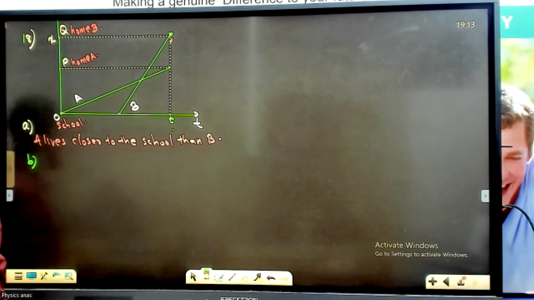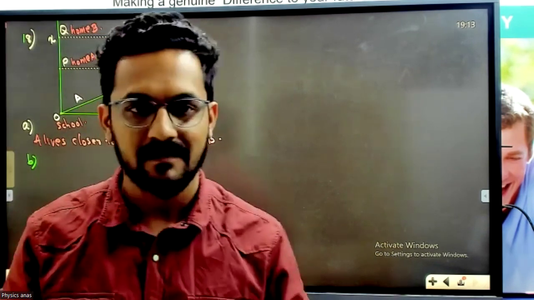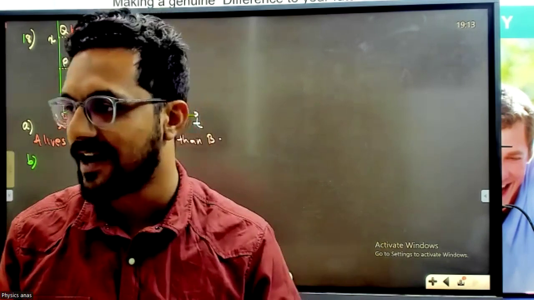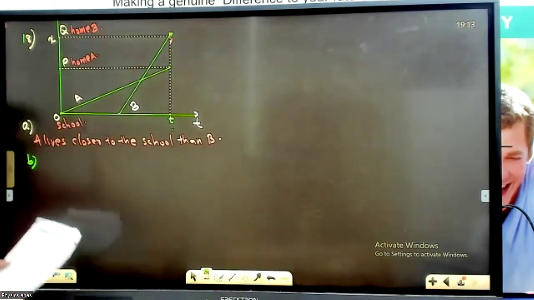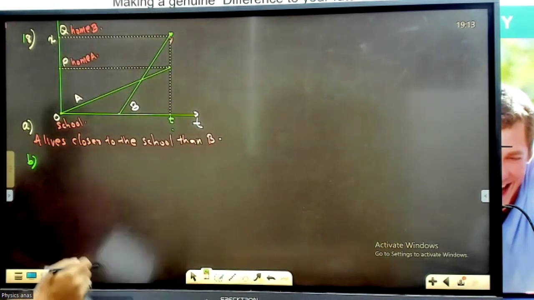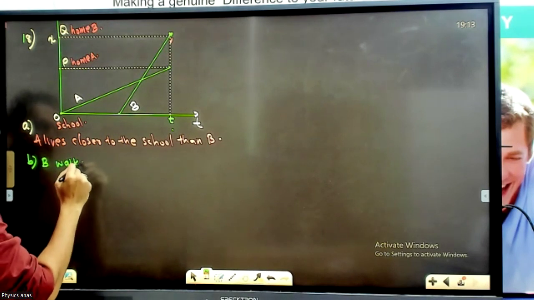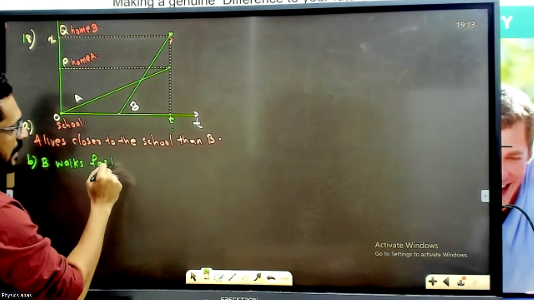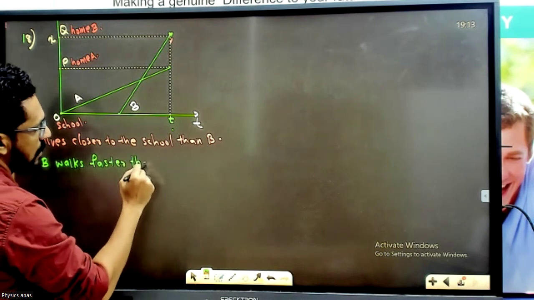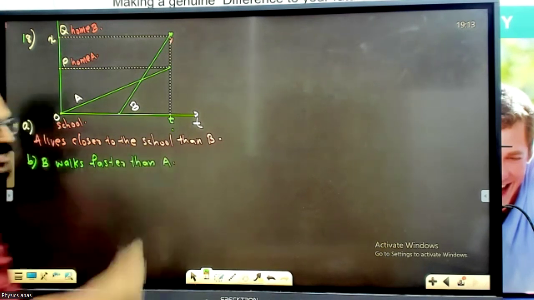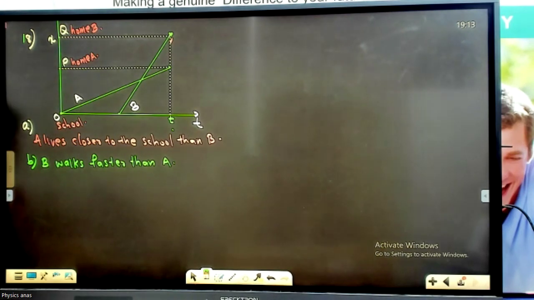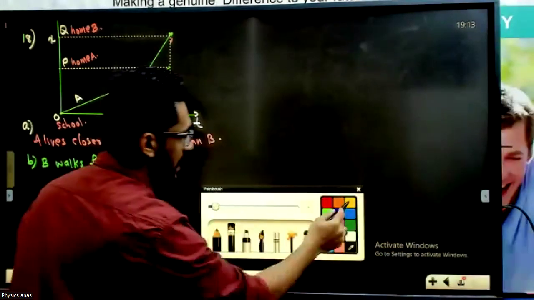Then only he will be reaching at the same time as A, right? So, what is that option? B walks faster than A. Did you get it? Everyone, did you understand that?